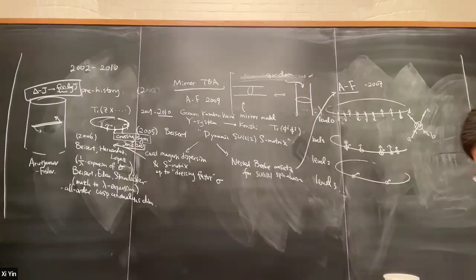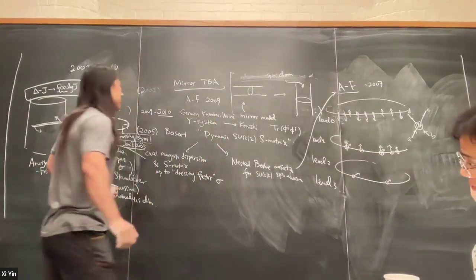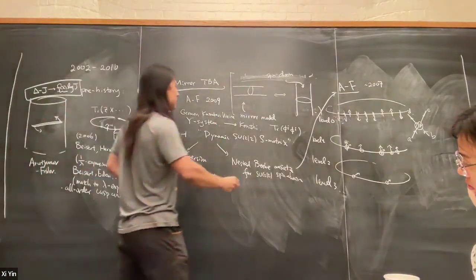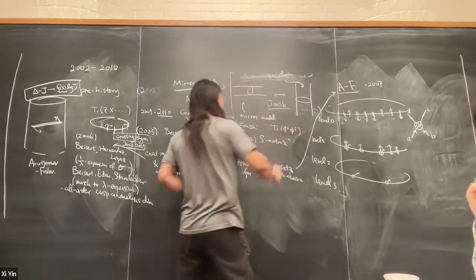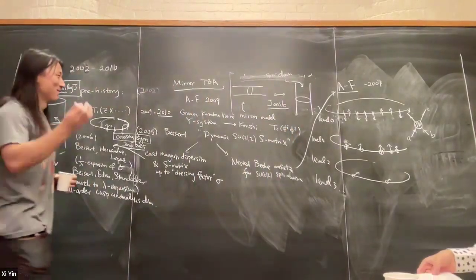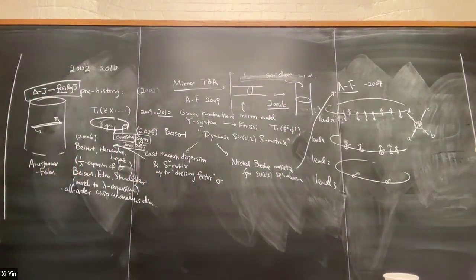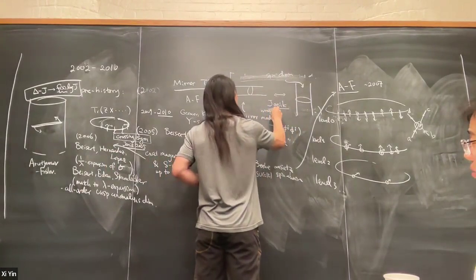So in fact, with this mirror TBA, I should say that before the complete mirror TBA equation was formulated, there was again important work by none other than Yannick, who supplied the first non-trivial evidence that by swapping space and time, so to speak, you actually can capture correctly the so-called wrapping effects.